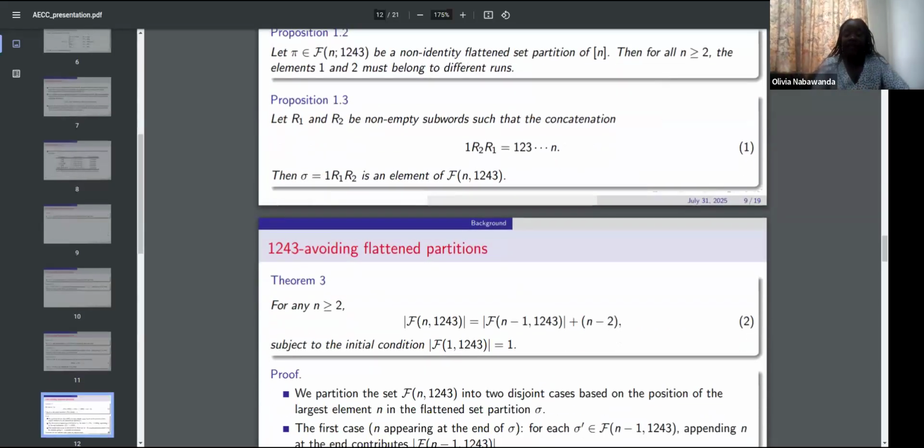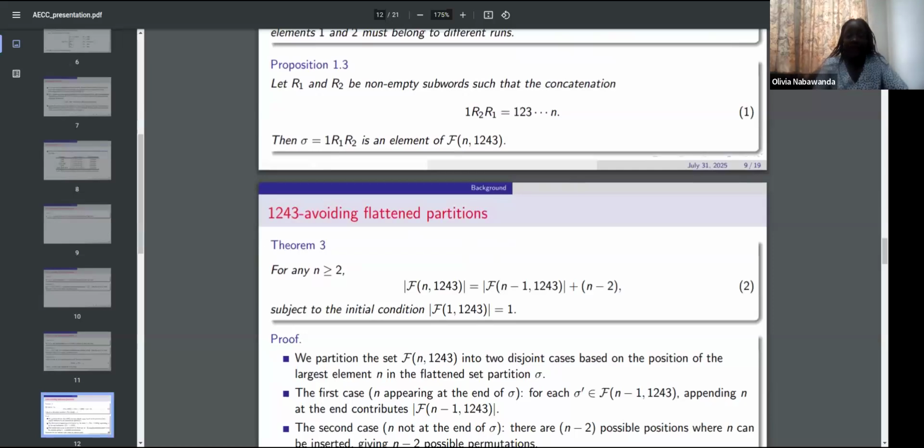And then another interesting property that we got was that if you let R1 and R2 be non-empty subwords, such that the concatenation 1 R2 R1 gives us the identity flattened partition, then sigma written in this form 1 R1 R2 is an element in the set of 1, 2, 4, 3 avoiding flattened partitions.